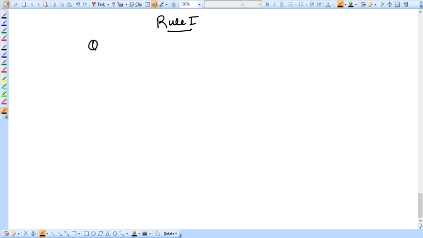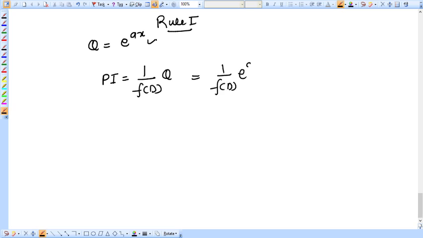Here Q would be equal to exponential of ax. So how to find the particular integral when Q is equal to exponential of ax? We know the particular integral is equal to 1 upon f(D) Q, and since Q here is equal to exponential of ax, it is 1 upon f(D) e raised to power ax.